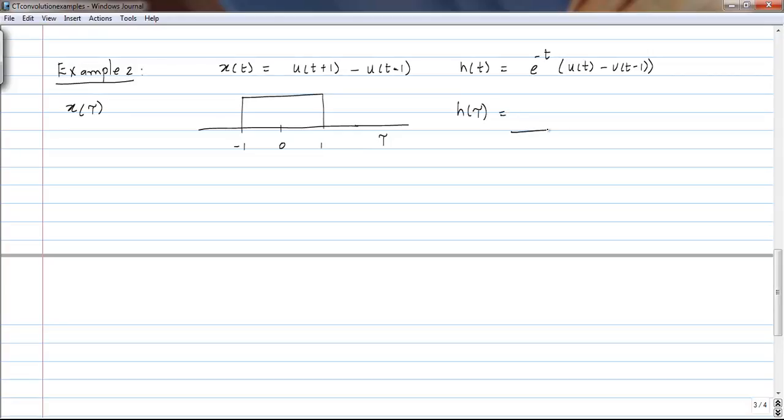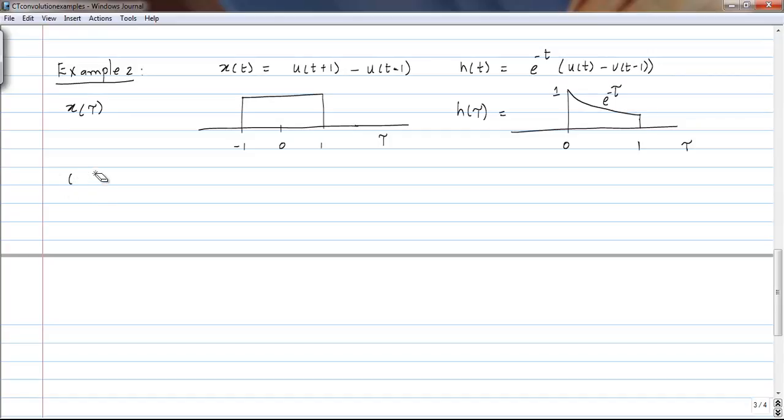Well, h of tau is an exponential, but only between 0 and 1. So e raised to minus tau. Okay. So what's the next step? The next step is to flip h of tau about the y-axis to form h of minus tau.